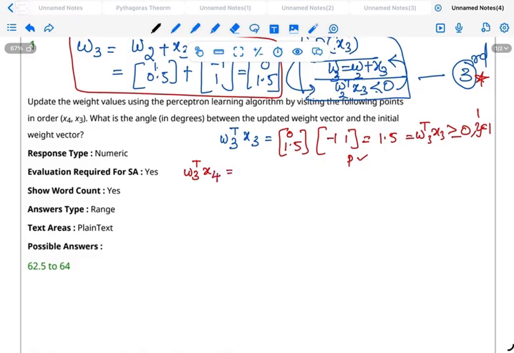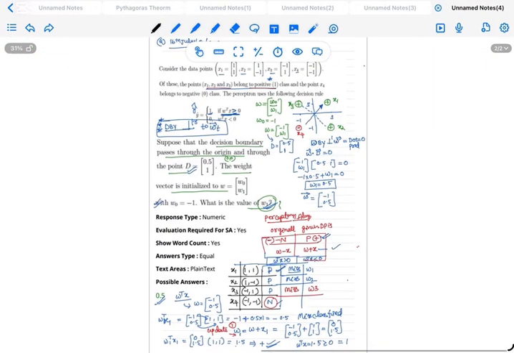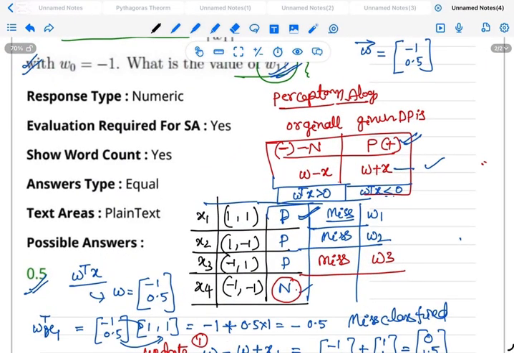W3 is (0, 1.5) and X4 is (-1, -1), so we find 0 minus 1.5, which is less than 0. That is, W3 transpose X4 is less than 0, negatively classified. Originally it was also negative, so there is no misclassification and no weight vector update.